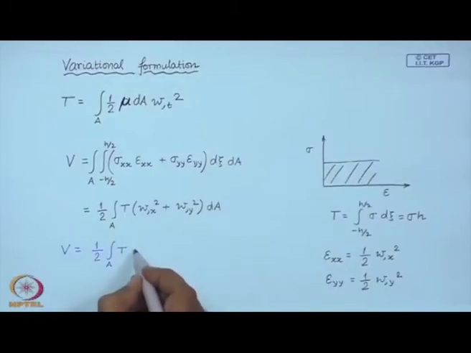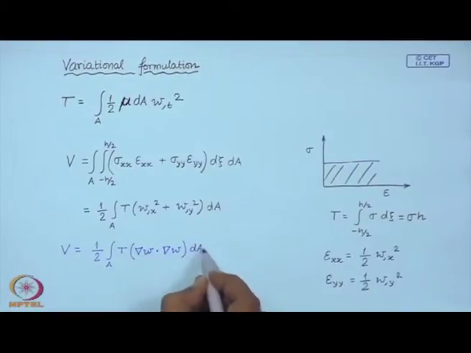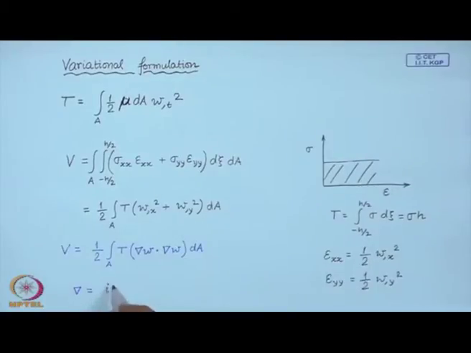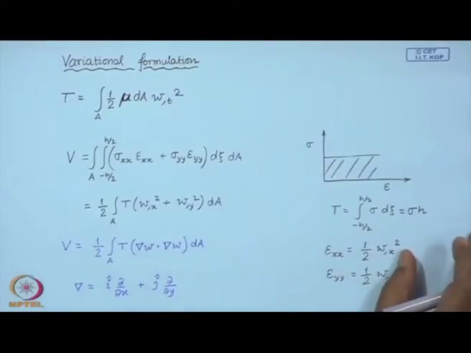We can write this where this delta is for the Cartesian, so this is the gradient of this field variable, the magnitude square of that vector, the gradient of the field variable.